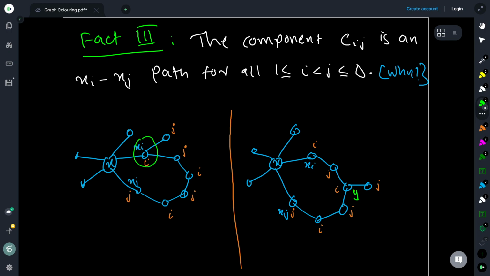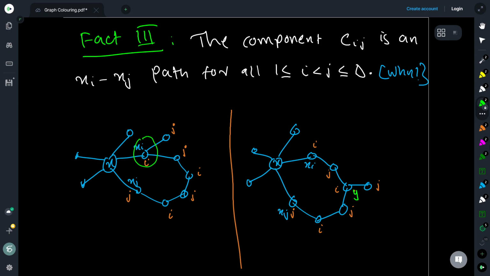Let us say that the vertex xi has some other neighbor which is colored j. Now the graph is delta regular, which means that the degree of xi is also delta. Two of the neighbors of xi being colored with j means that there is some color other than i and j which is not used in the neighborhood of xi.